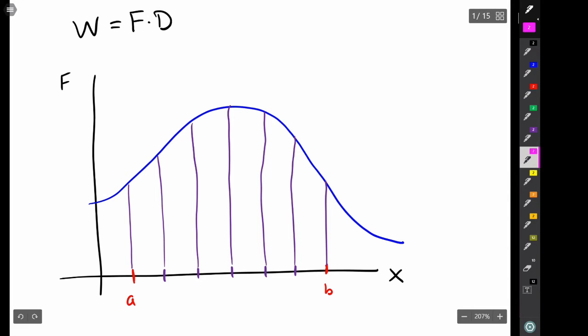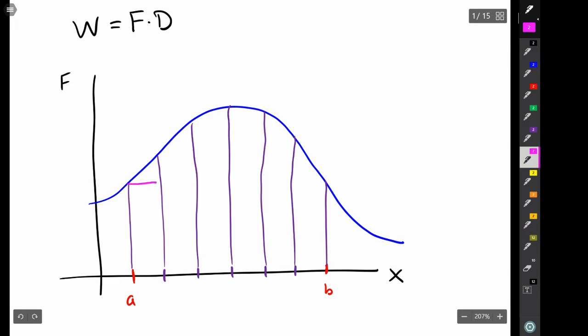And in this little chunk, I'm going to approximate the force as a constant. And I can approximate that however I want, right? I can take the low end of the force, the high end, I can do some kind of average. So let's say we just take whatever it is at the start of that distance segment.